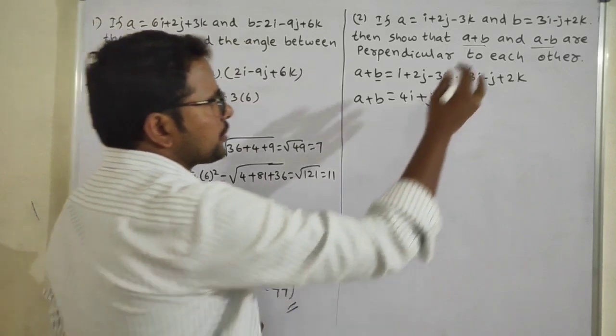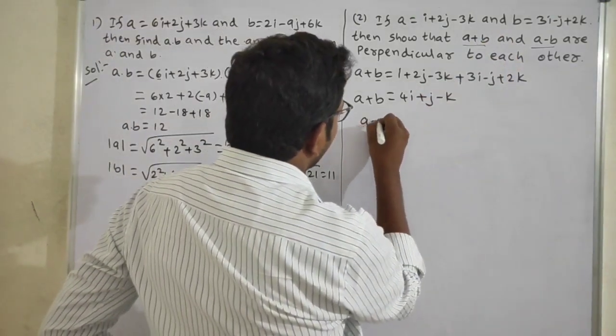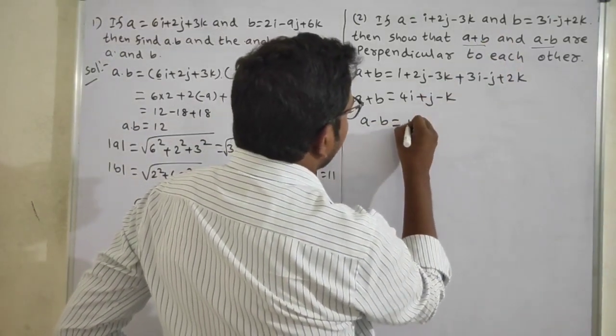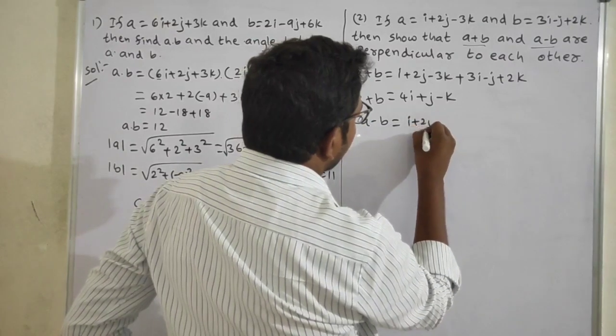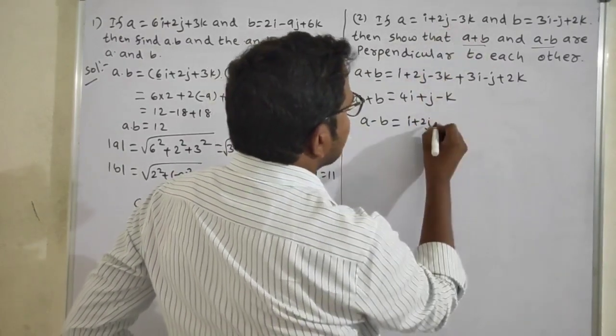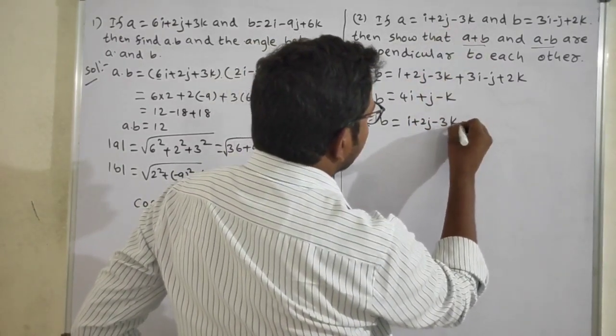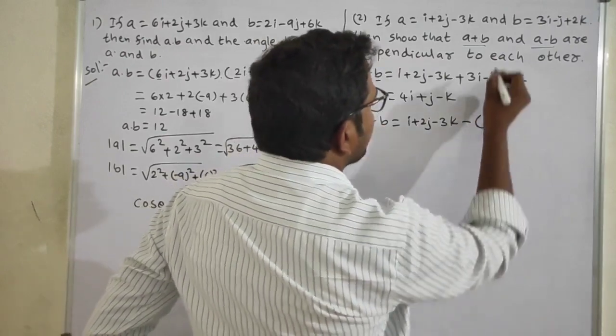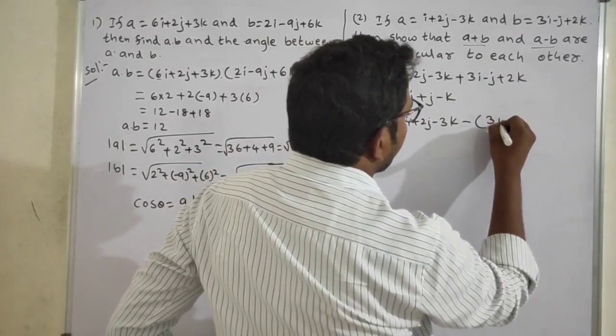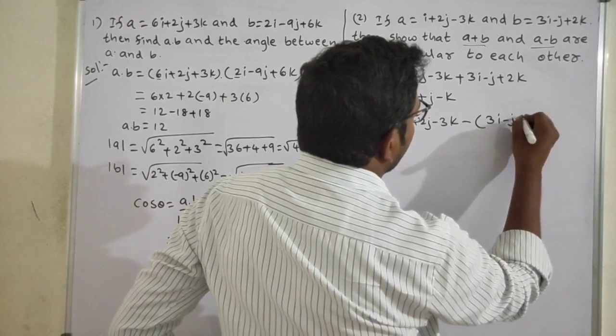Now find A minus B. A minus B is equal to, what is vector A? I plus 2J minus 3K, minus, what is vector B? 3I minus J plus 2K.